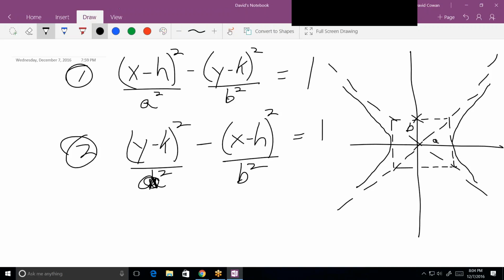I don't need them anymore. They were used only for constructing the hyperbola. And if I had a vertical hyperbola, then in my box, this would be A, and this would be B, because the hyperbola would look something like this.